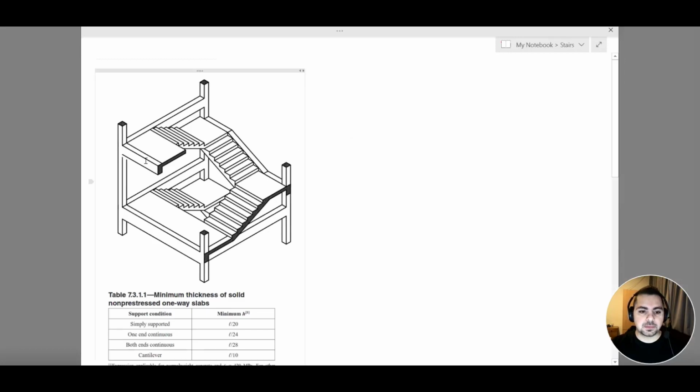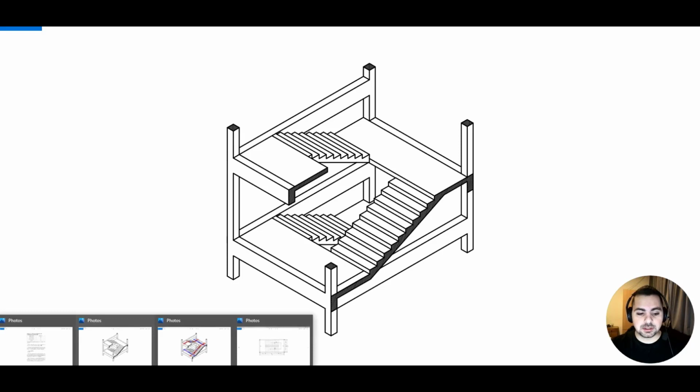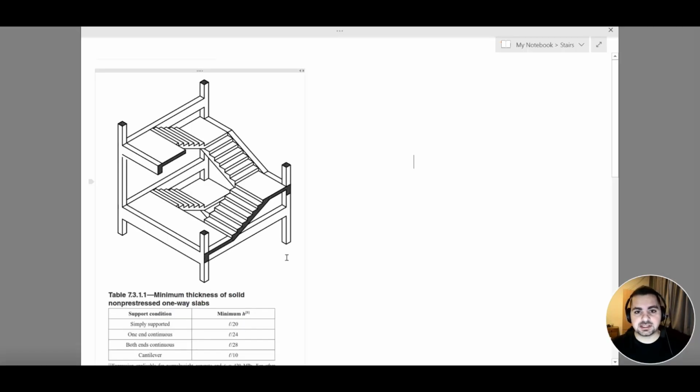So we have a flight, a landing, and a flight again. This picture represents our three-flight staircase, whereas this image represents our two-flight staircase. In this video, we are going to cover the first type, which is the two-flight staircase.